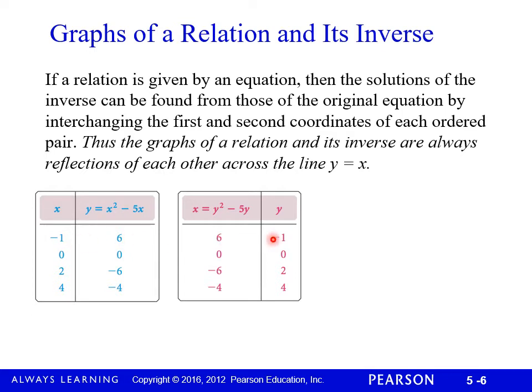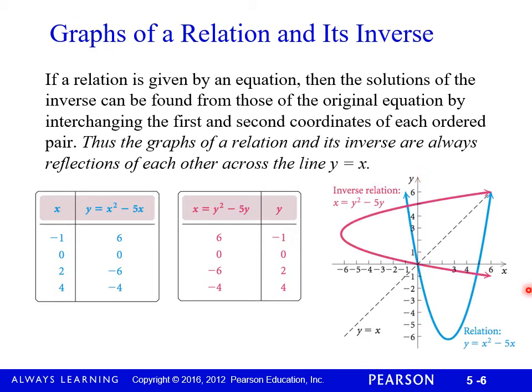We can see that here, and we can see it also in terms of the equation. Where I had y, I now have x. Where I have x, I now have y. Where I had x, y coordinates, I now have y, x coordinates by swapping the order. And here you can see the graph of the original relationship, which was a quadratic function.